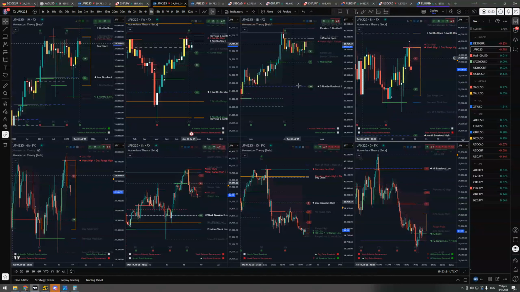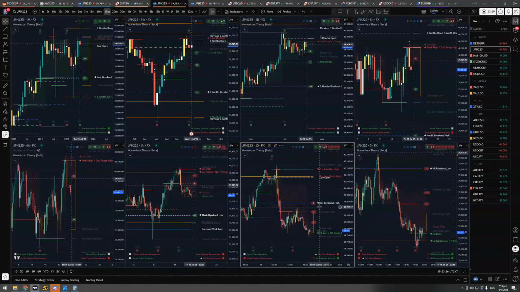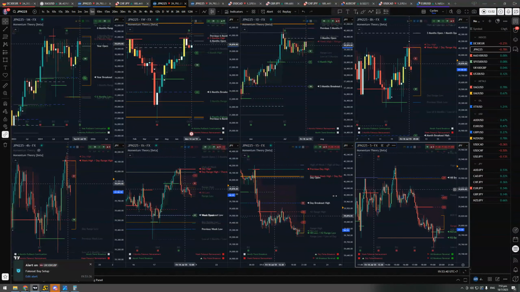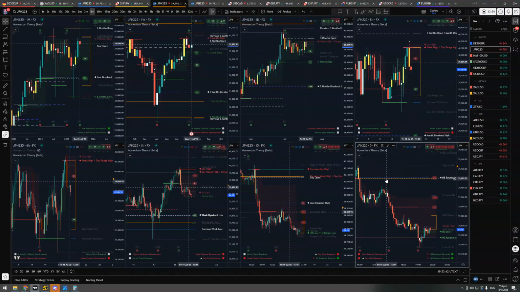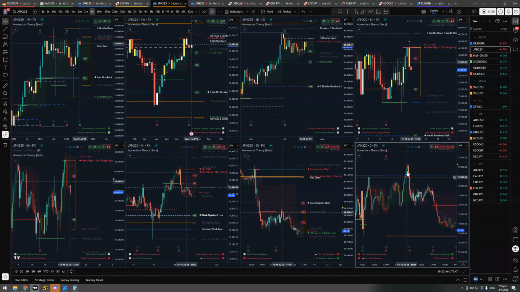So this is one that I liked in Asia, but it did not set up for me in Asia. Was waiting for a pullback to take it down, flip the breakout level, flip H8. Now it's down here, below here is an H8 trend reversal, and in London I saw this move coming up, popped up.